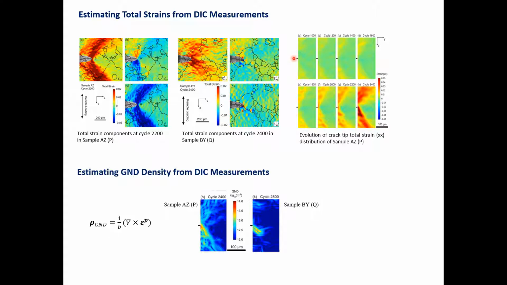We also see, for example, as the crack grows, the strain distributions developing ahead of the crack tip. This is always ahead of the crack tip, and they change, of course, as the crack gets longer and the magnitude of plasticity increases. So now we're taking advantage of the cyclic loading, and also the knowledge of the strains.